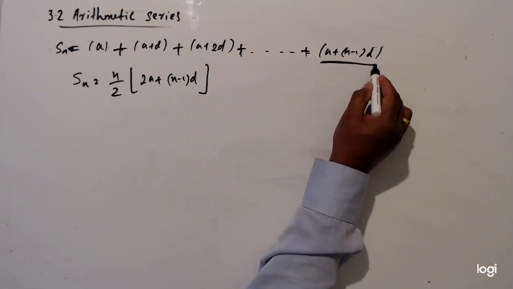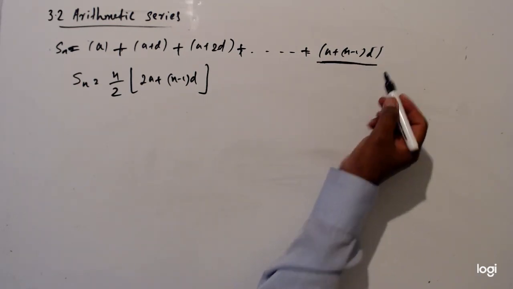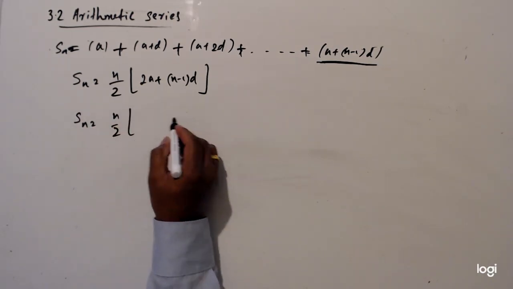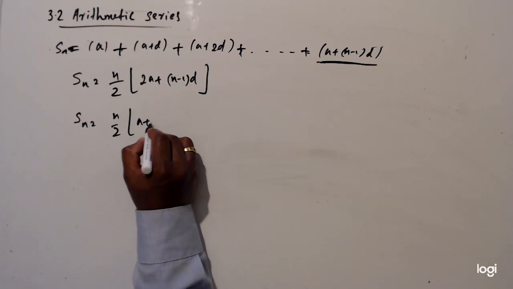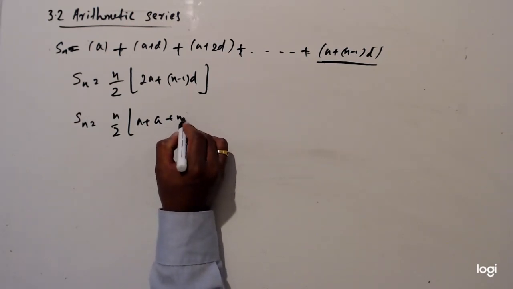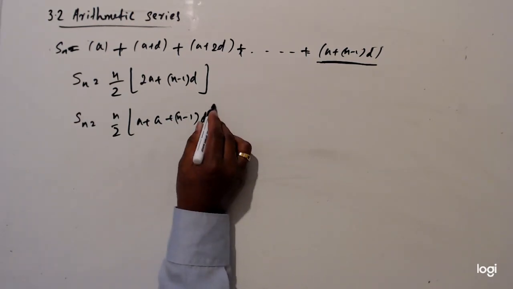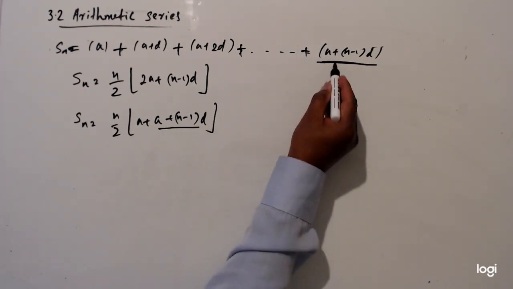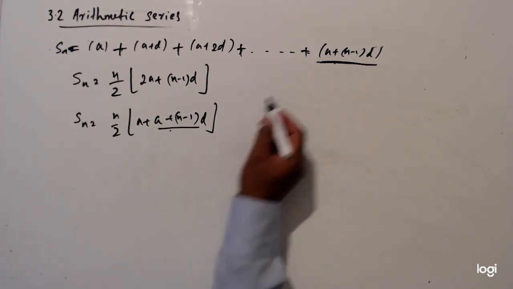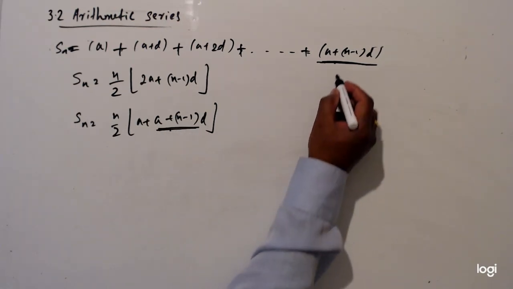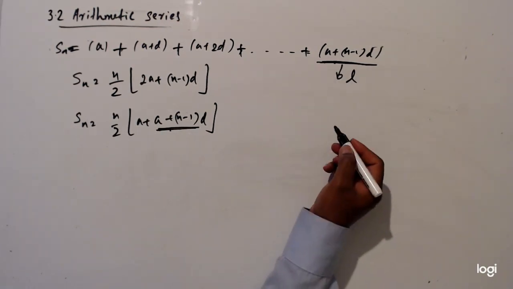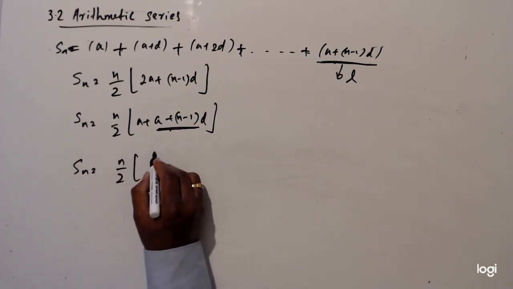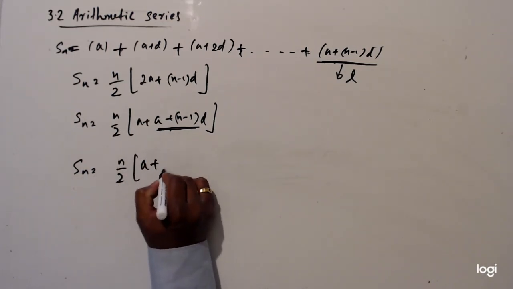This is the last term. I can write it as a plus n minus 1 times d. If I take this last term as L, then Sn equals n divided by 2 times a plus L.